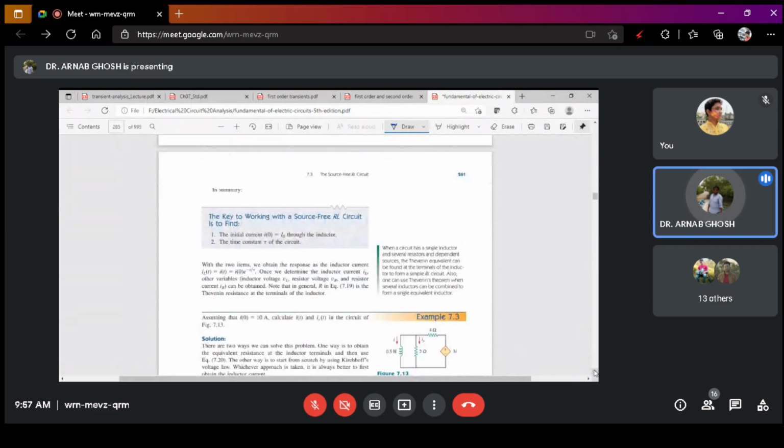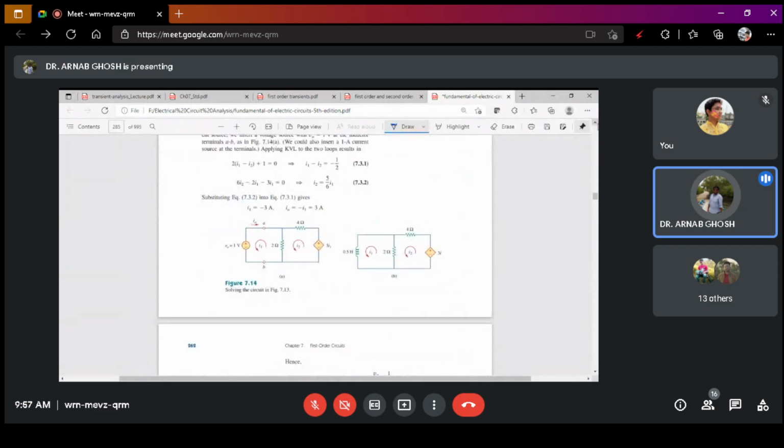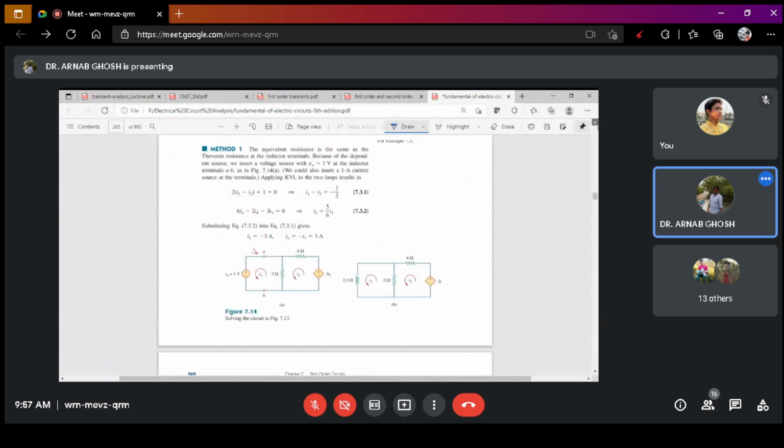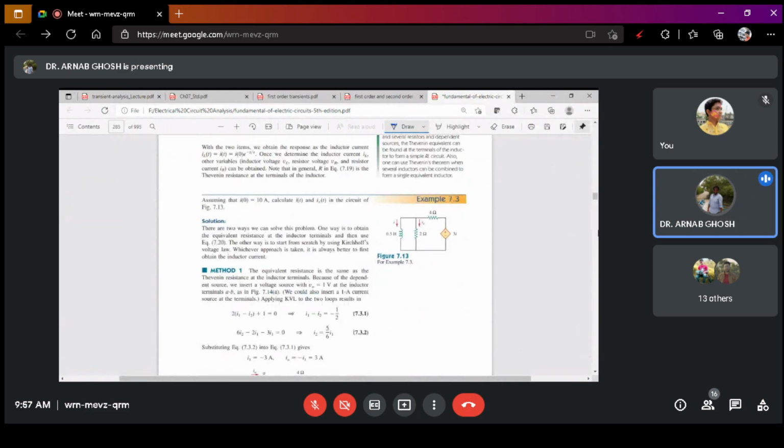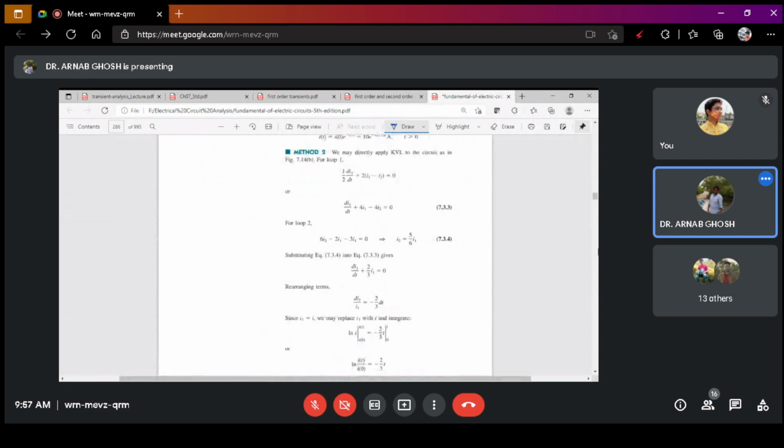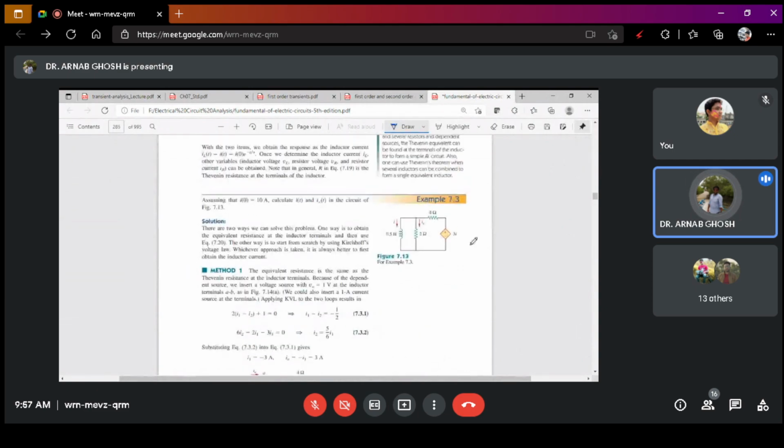Okay, if you are not having any questions, try to solve this problem. Everybody try to solve this problem. Calculate I(t) and Ix(t).